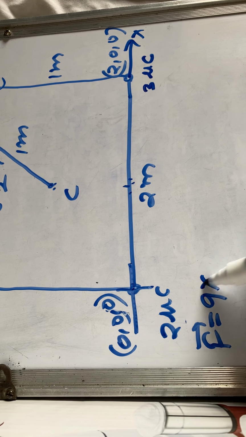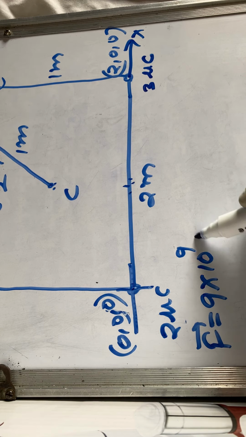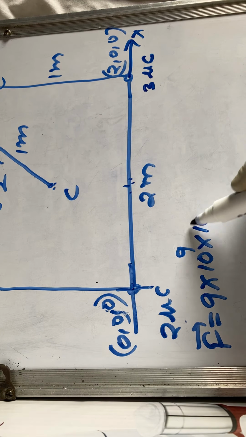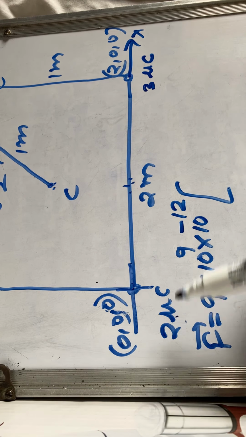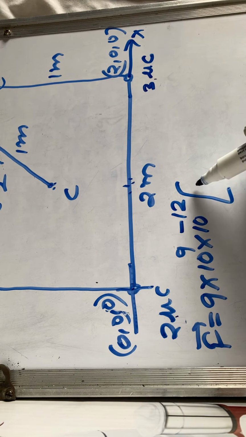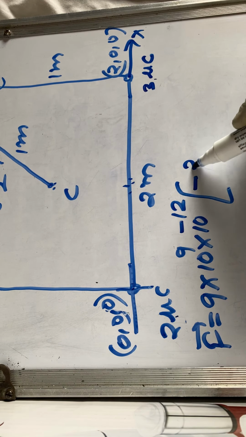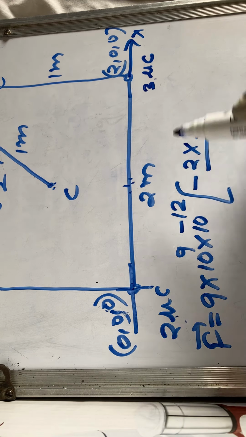Again, the coefficient value is 9 into 10 to the power 9, that's the value of 1 upon 4 pi epsilon naught. Micro and micro again comes out to 10 power minus 12. Now, the force between 2 and 3, because both are positive, the force will be repulsive. So that's why I'm using a negative sign. It's -2 into 3 upon the distance square.